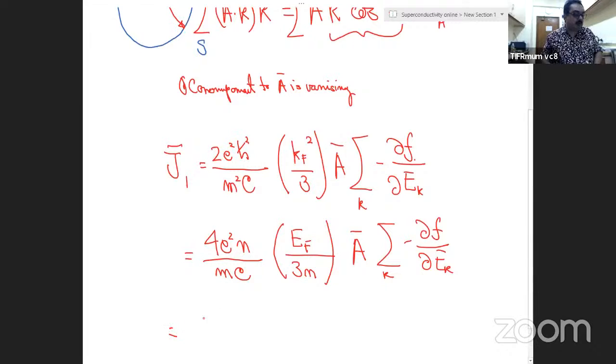And then I will write it again. So here I am not doing anything, I am just multiplying and dividing terms so that I can write things in terms of known quantities.